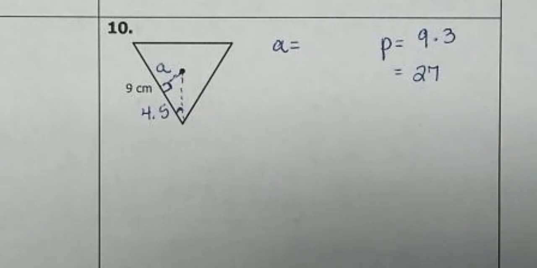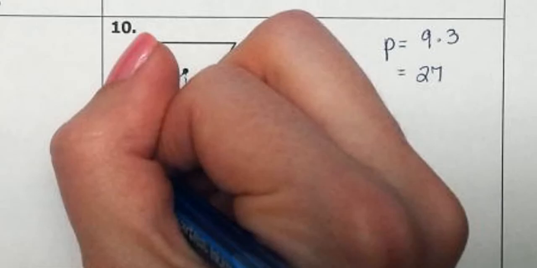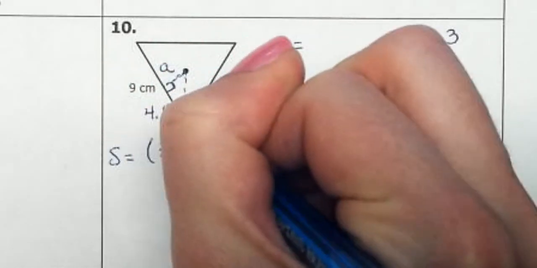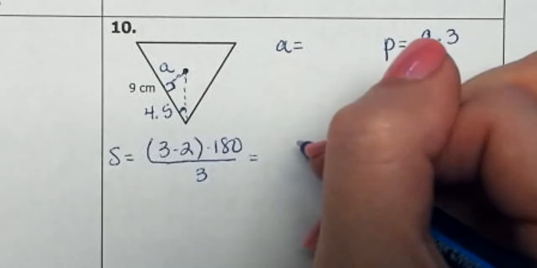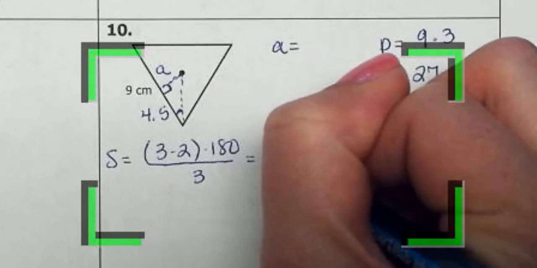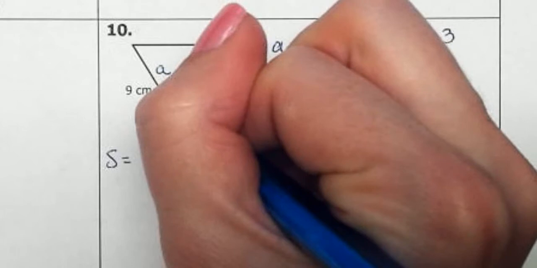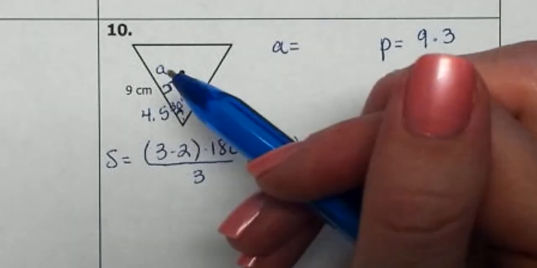So let's find the angle first, and then we can use trig. So S equals 3 minus 2 times 180 divided by 3 is going to give me 60. And I can divide that by 2 to get 30. That is what my angle is, 30 degrees right there. So across from the 30 degrees is the opposite.